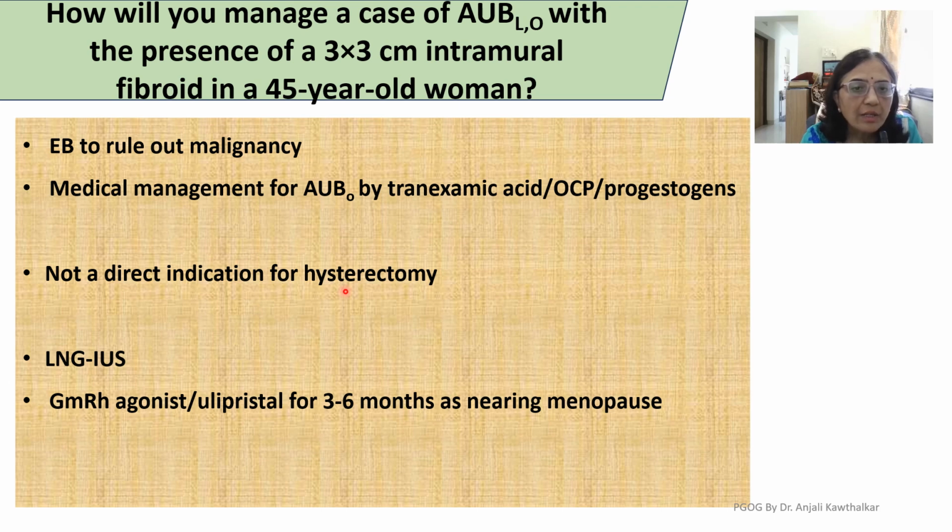It is not a direct indication for hysterectomy because when both are present, an intramural fibroid is less likely to be the component leading to heavy menstrual bleeding. LNG IUS is a good option for this woman as she is likely to enter into menopause. GnRH agonist or ulipristal for 3 to 6 months is a good option as the woman is nearing menopause.